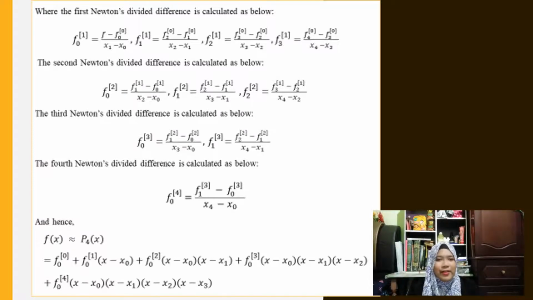The second Newton divided difference is calculated as below.